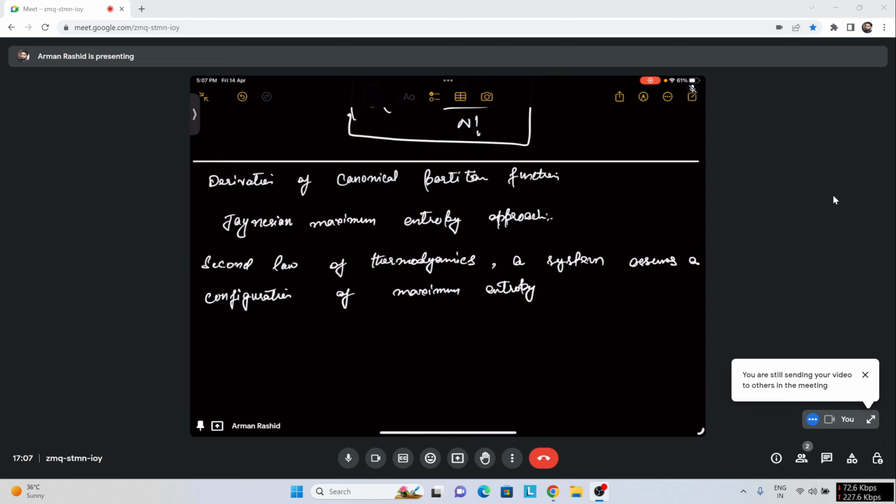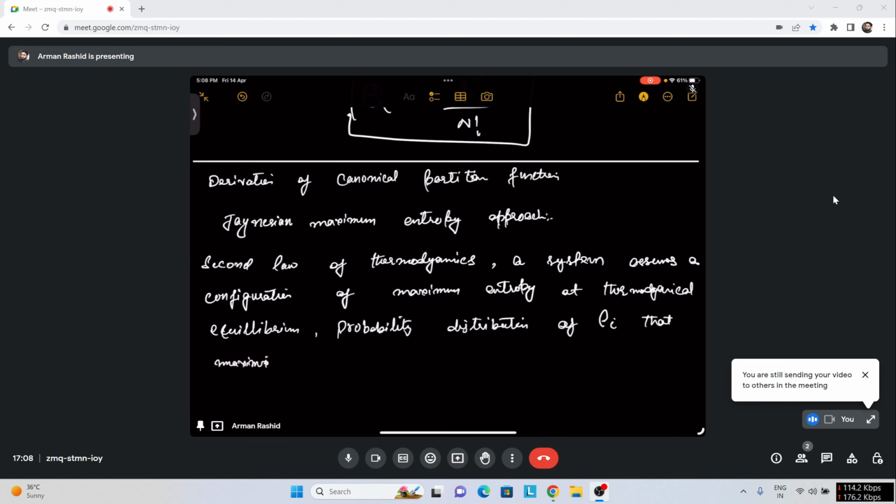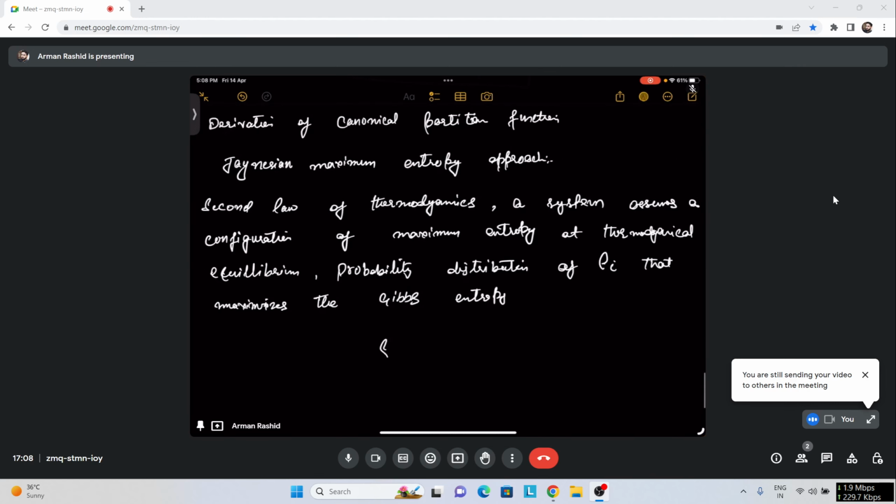So at thermodynamic equilibrium, if it has a probability distribution rho i that maximizes the Gibbs entropy, then entropy will be equal to minus kB, which is Boltzmann's constant, summation over i of rho i ln of rho i, where i runs over states. This is called the entropy.